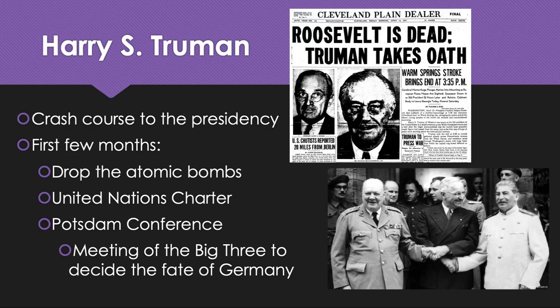And like I said, at Potsdam, we realize that Stalin had lied to us at Yalta and before, and that we weren't really seeing him keep up his end of the bargain, which is going to make Truman incredibly suspicious of Stalin, and that's going to push us into where we're going with this unit into the Cold War.